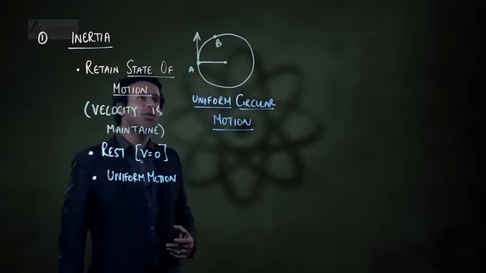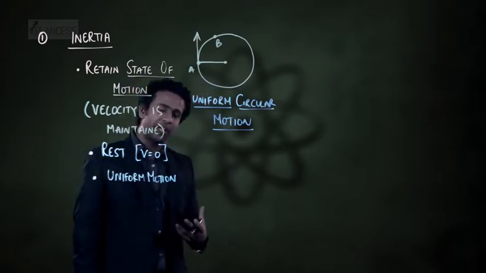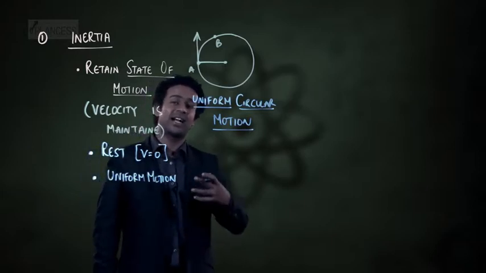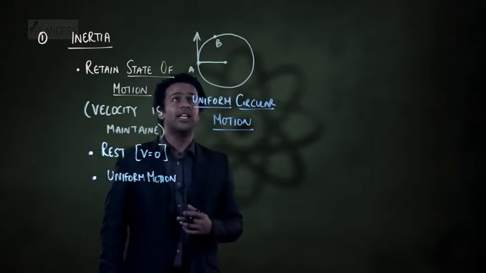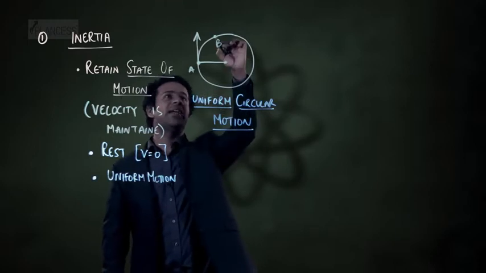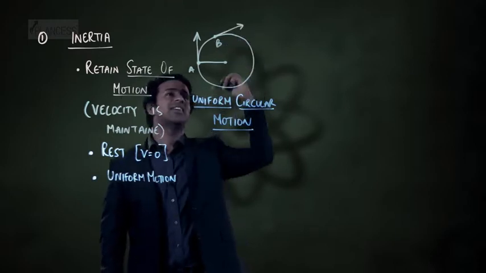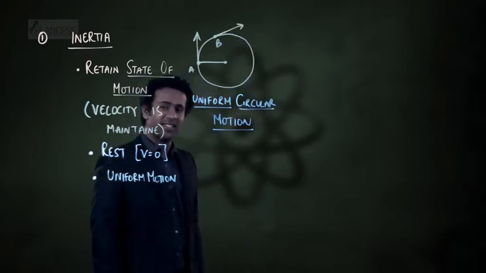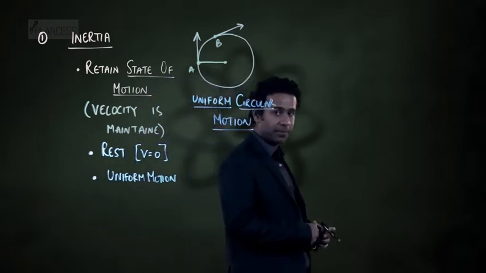So, this arrow shows the velocity of the particle when it is at point A. Similarly, when the particle reaches point B, we can once again draw a tangent and say that this is the direction in which it will be moving.